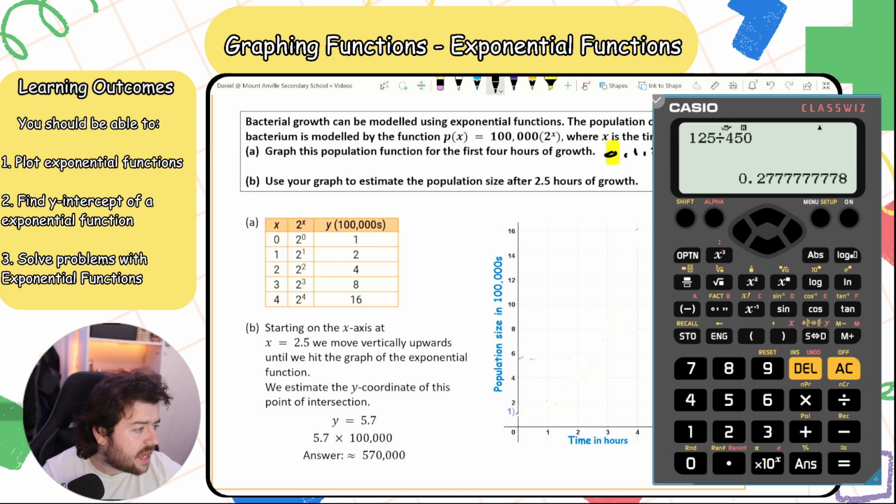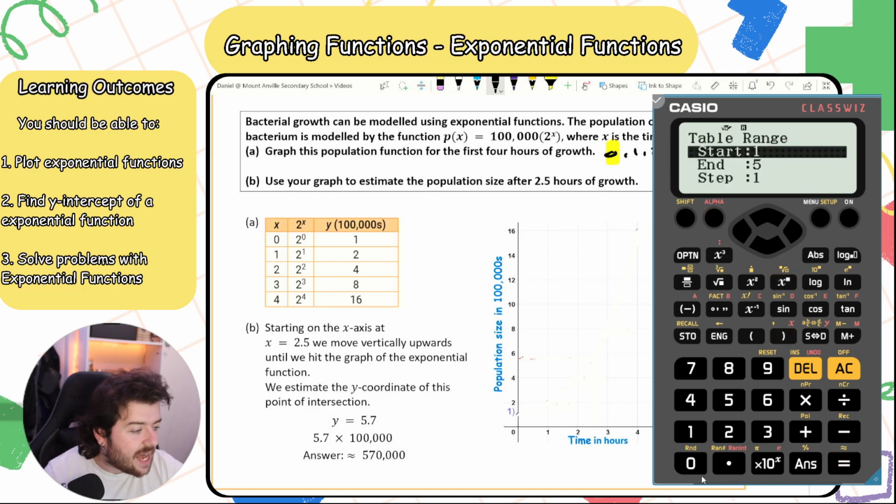exact same thing, calculator. So, menu, table, just click 3. Here's my function, put my function in. You can put the 100,000 in, times 2 to the power of x, equals.